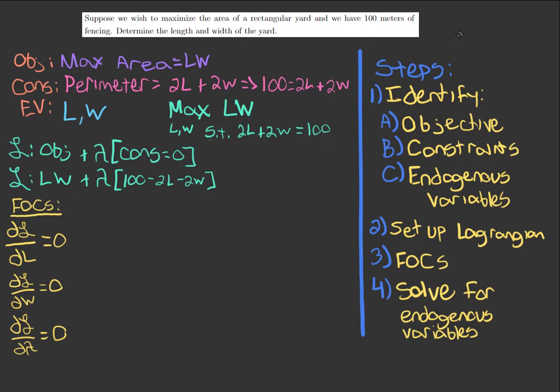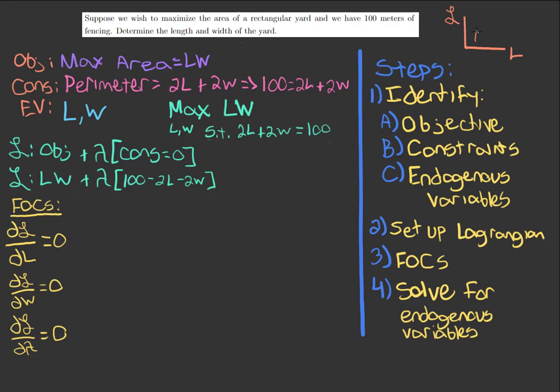Just to briefly overview why we set each first order condition equal to 0, keep in mind that the derivative is just the rate that a particular function changes as you change another variable. So if you refer up to the top right hand corner, I'm going to draw a 2-coordinate grid with an endogenous variable L and the Lagrange function on the y-axis.